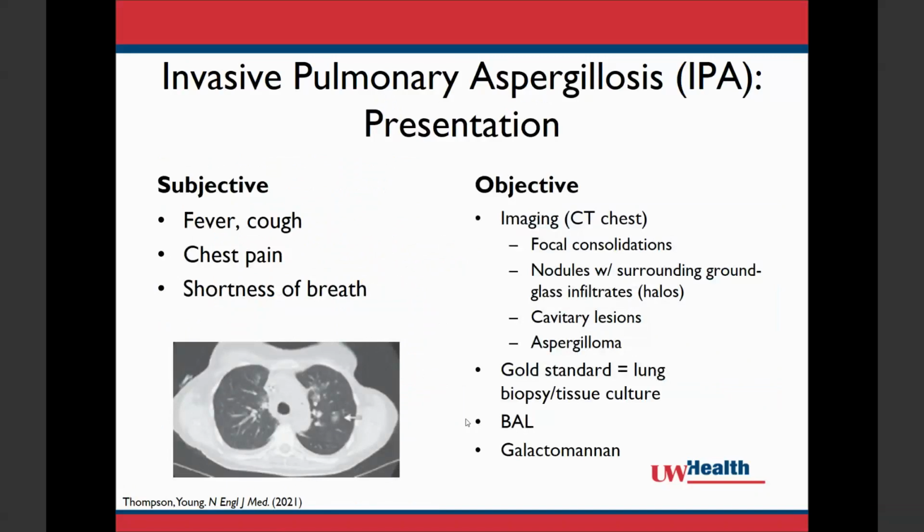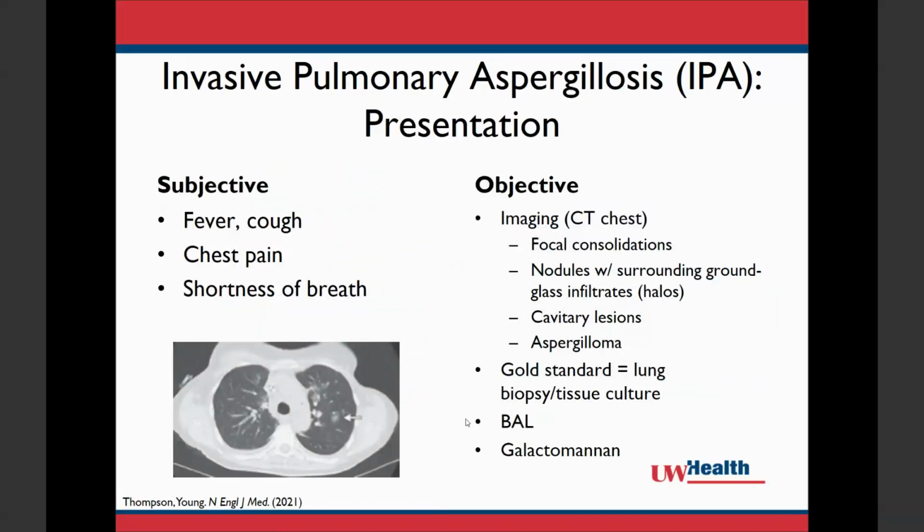And so how a patient presents can depend on the host's immune system. You can think the more immunosuppressed a patient is, typically they have a more invasive infection. So subjectively, it may be more nonspecific with fever, cough, chest pain, shortness of breath. But objectively, there are some more findings that can be more specific to Aspergillus.